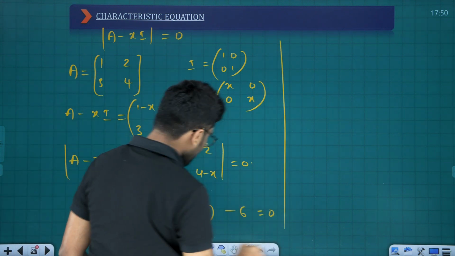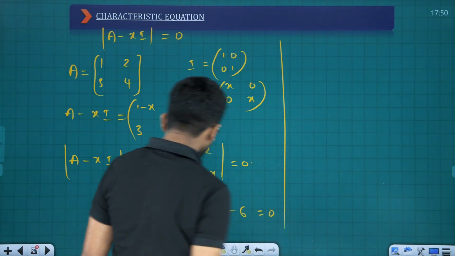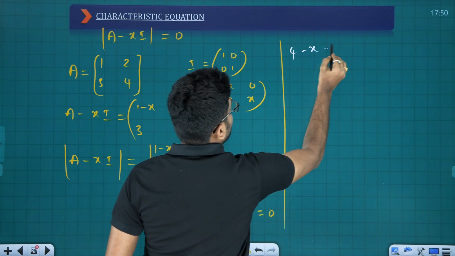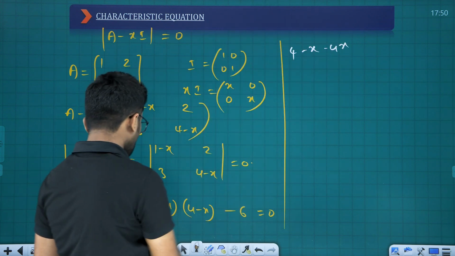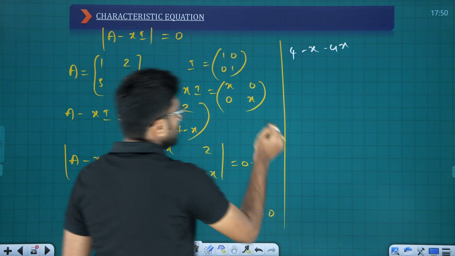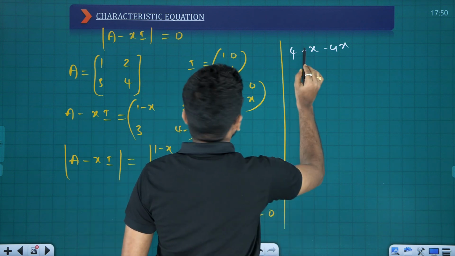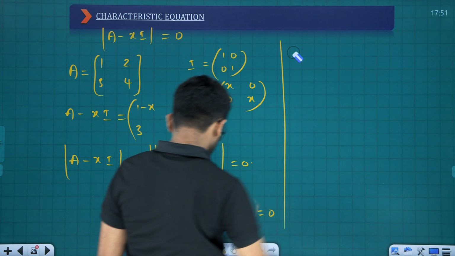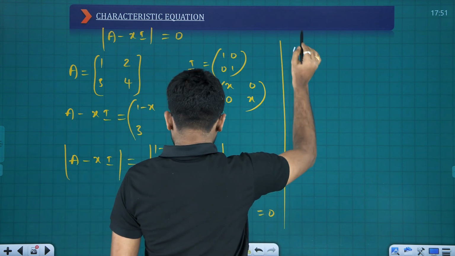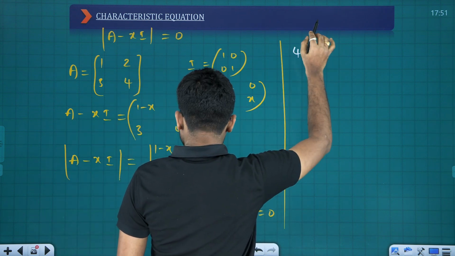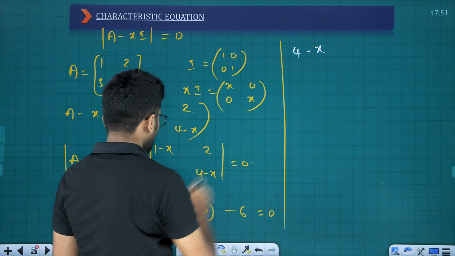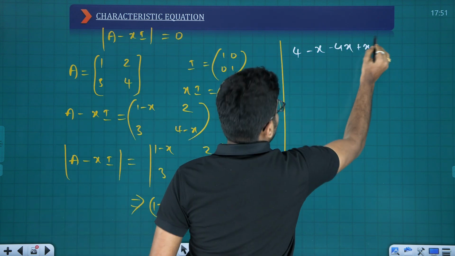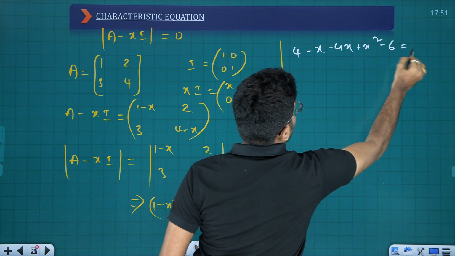So if we simplify this, friends, 4 minus x minus 4x plus x square minus 6 is equal to 0.